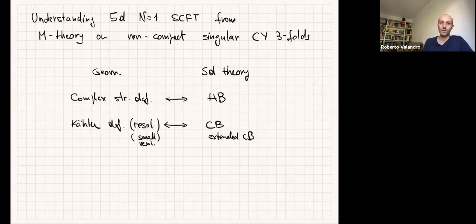For example, the Higgs branch is governed by complex structure deformations of the singularity, while the Coulomb branch by the resolution. Depending on whether it is a small resolution or a large resolution, you have the Coulomb branch or what is called the extended Coulomb branch. These are old facts, let's say, but there is much more to say about this relation, as we will see in this talk.